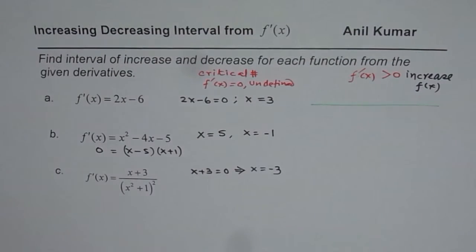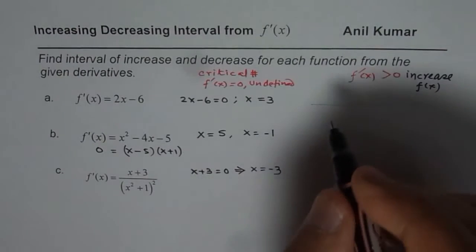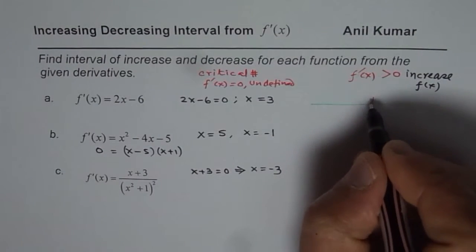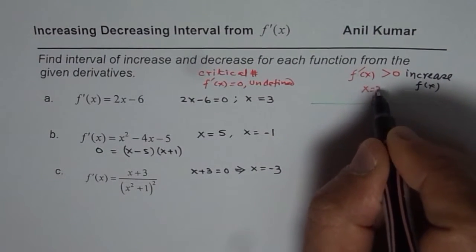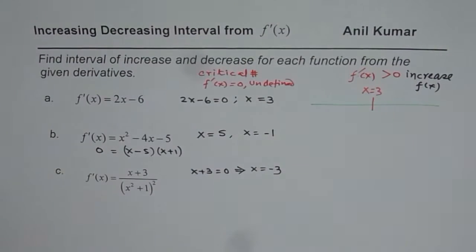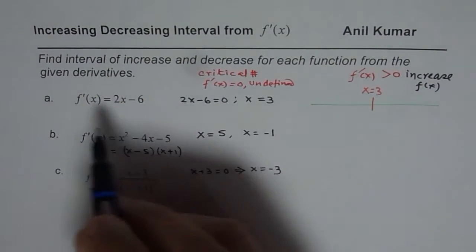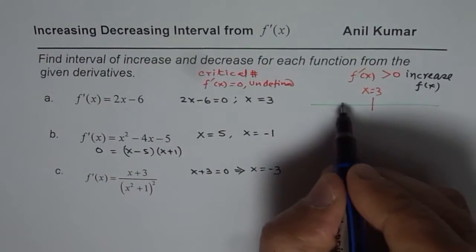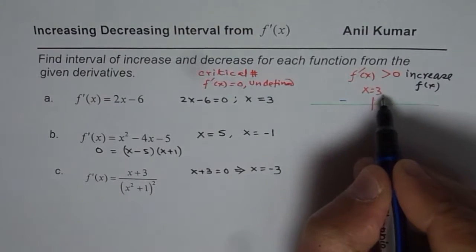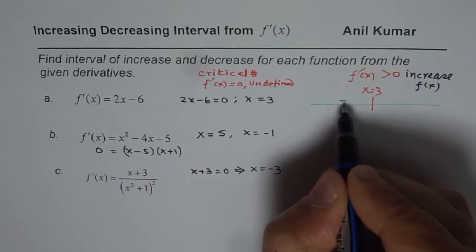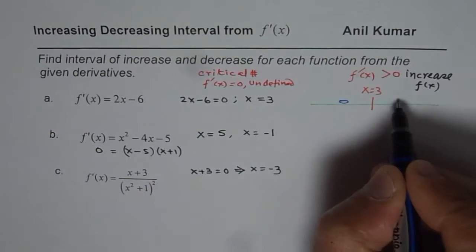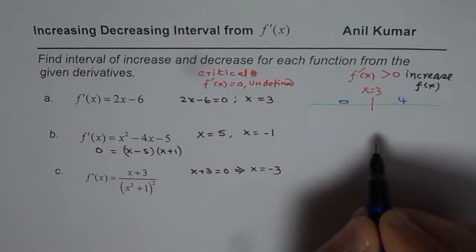At x equals 3, we know we have a zero. Let us say this is the point where x equals 3 in the first case. We can take a test point on either side of this zero of the derivative. Let us take the test point on the left as 0, and on the right side, let us take a point which is 4.